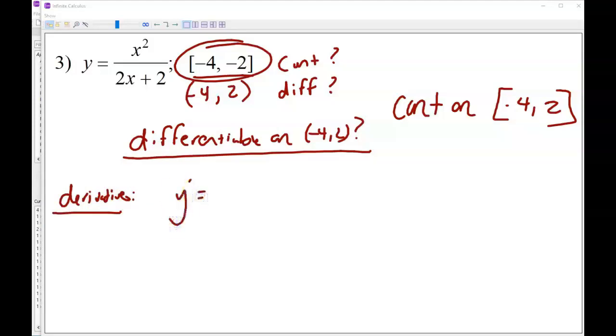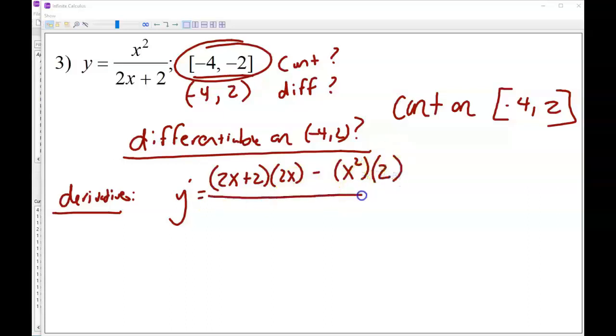When it comes to rational functions, the way that you find the derivative is you do low d high minus high d low. Draw a line and square below. Okay. Now, actually, it's probably not entirely necessary to simplify this problem at this point, so we can probably just leave it. It's still a rational function.